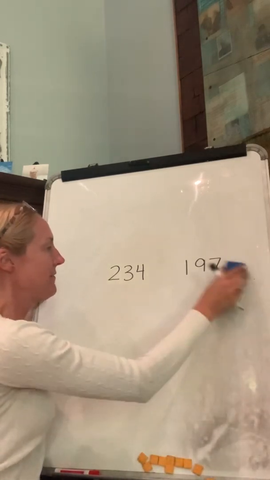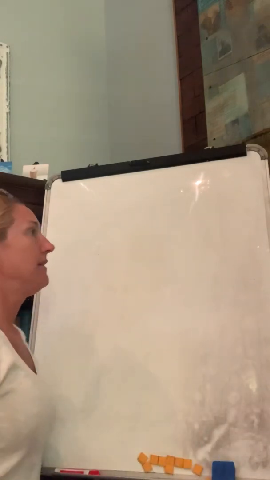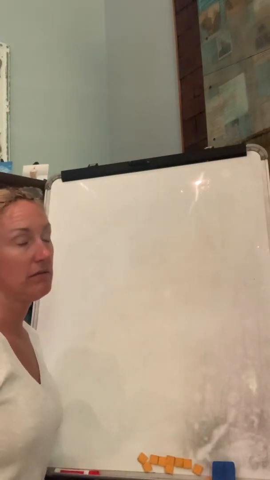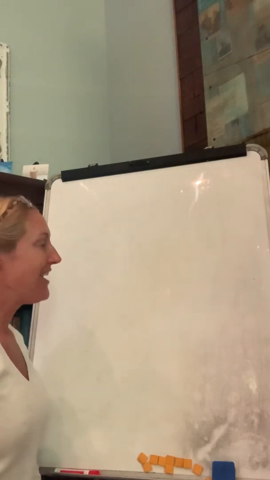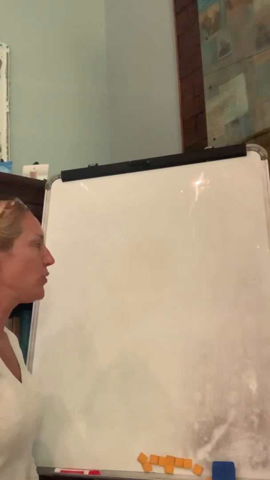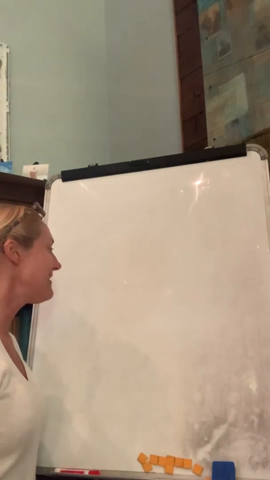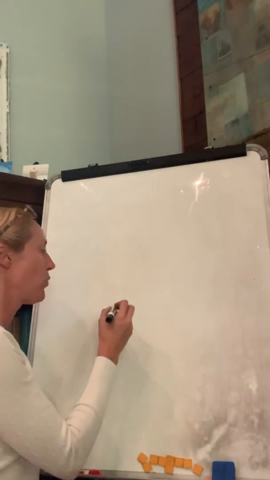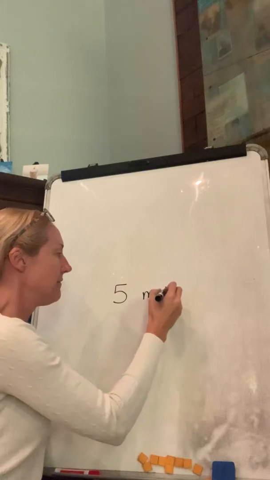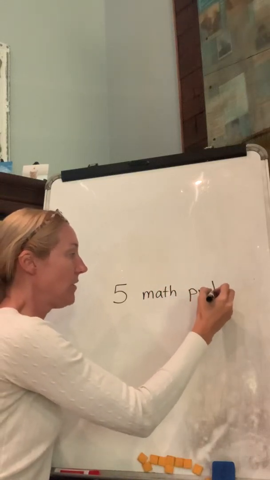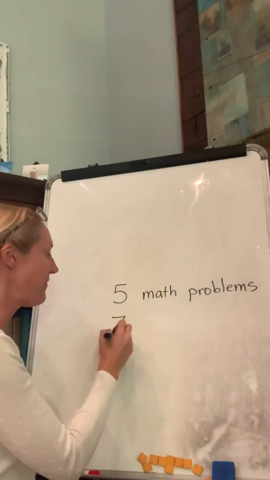Let's say that Miss Quinn has been working in her math journal, and she has been doing a certain number of math problems on each page. Let's say that she has written 5 math problems on each page, and so far she has completed 7 pages.